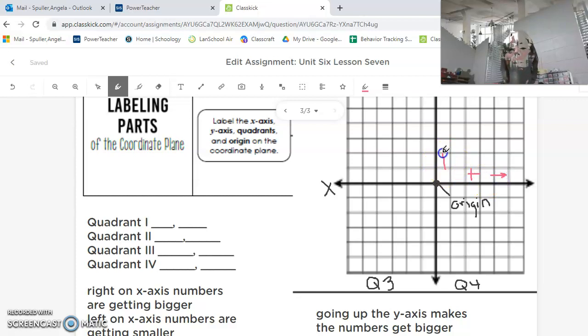If we're going this way, the numbers are also positive. So if you see in quadrant 1, we get a positive number and a positive number. So if you're given two numbers to plot and they're both positive, they're in quadrant 1.